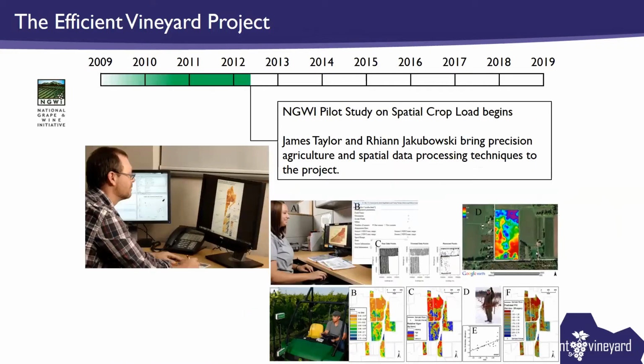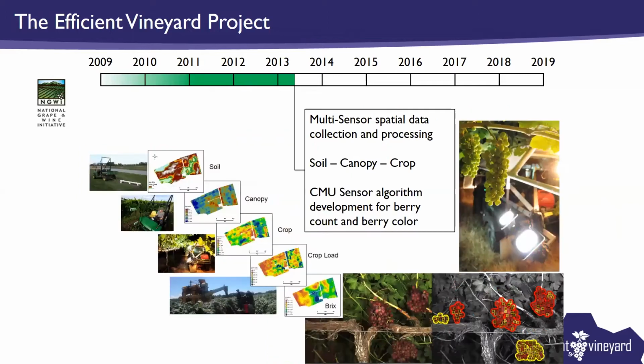And then NGWI, which has now changed to NGRA, I believe, they funded a pilot study for us to see what we could learn about starting to layer these different sources of data we were collecting, and what ways we can make that data the most useful for vineyard managers. And then more into the layering.